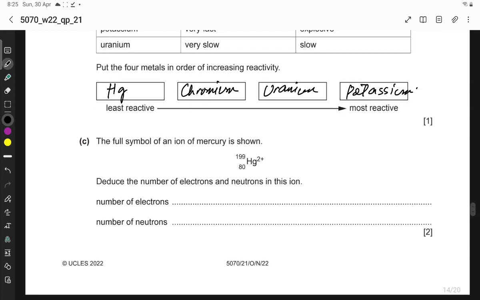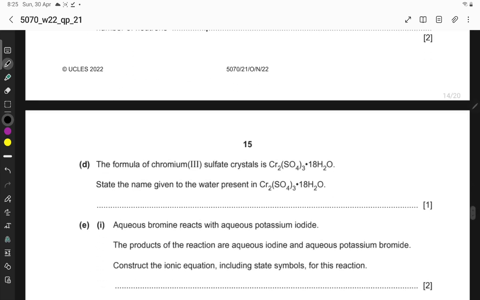The full symbol of an ion of mercury is shown. Deduce the number of electrons and neutrons in this ion. Number of electrons: because it carries 2 positive charge, so 2 electrons less than protons. So the number of electrons is 78 and number of neutrons is 199 minus 80, which is equal to 119.